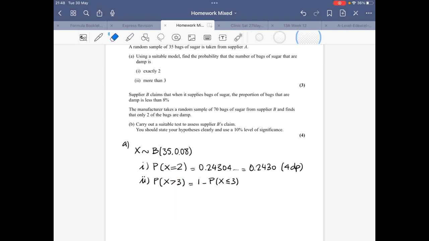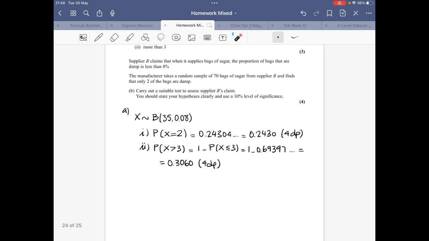So again, you go to the calculator, this time cumulative binomial CD, with x equals 3, which is 0.69397, and then this is going to be 0.306024, to 4 decimal places.